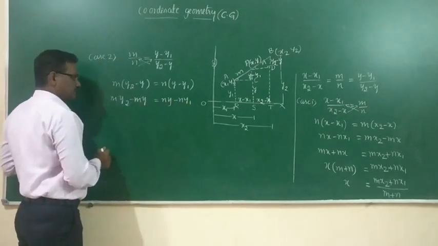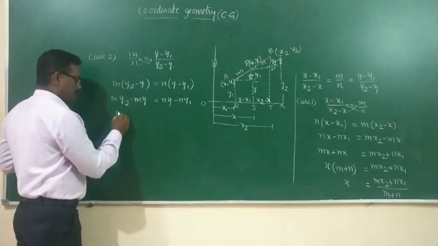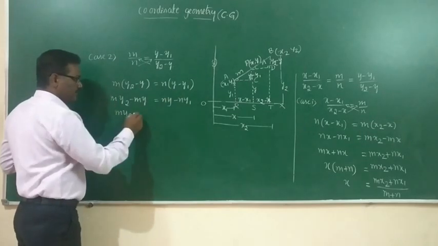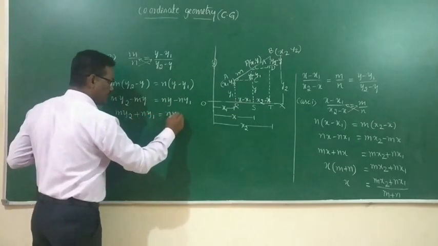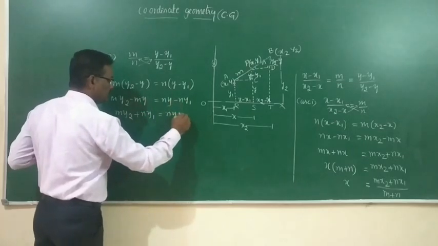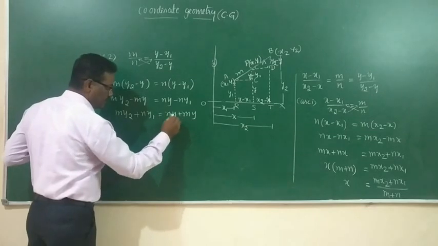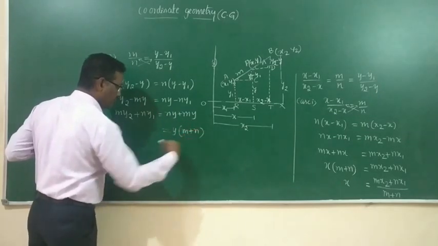Here, by transposing, we have to write the y terms on one side. So my2, taking minus ny1 across, becomes plus ny1, and ny by transposing becomes plus my. In this part, take y as common factor, m plus n.